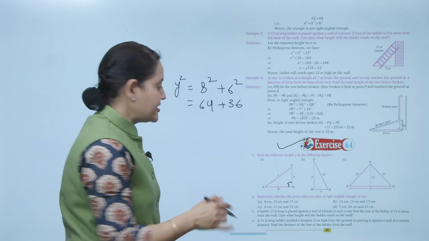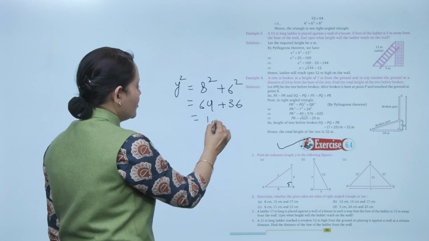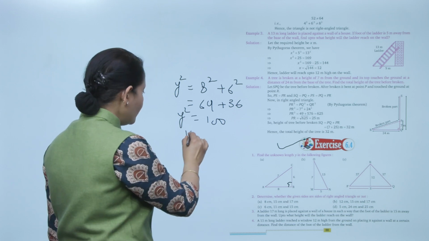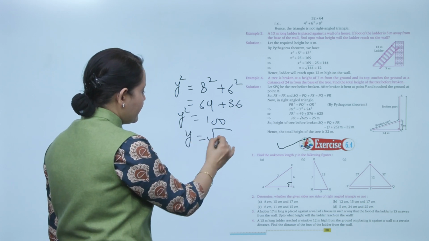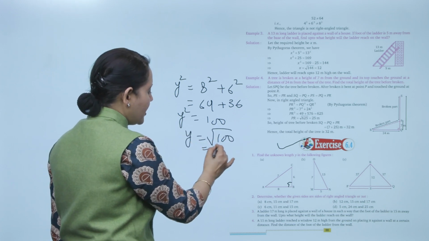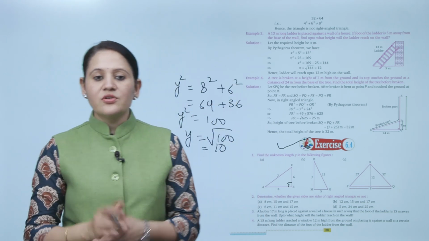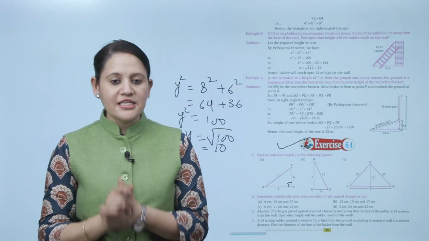Clear? That is equal to 100. So y square equals 100. y equals root 100, that is equal to 10. Clear? So what is the third side? 10.